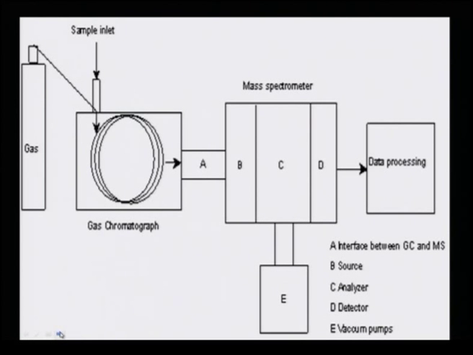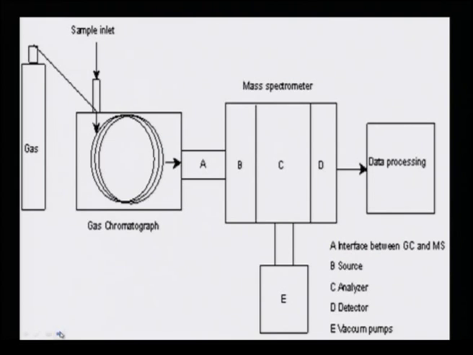This is the layout of a GCMS machine. You will see that there is a gas cylinder which is connected to the gas chromatograph, and there is a sample inlet. This is a pictorial description of the machine. The machine is not like this in a geometrical shape as what it shows, but this is a pictorial description.